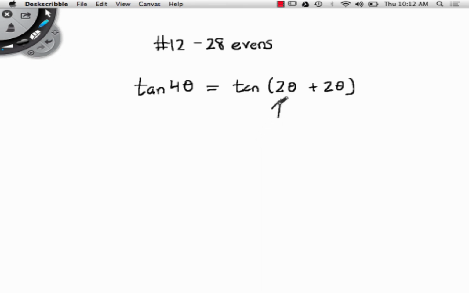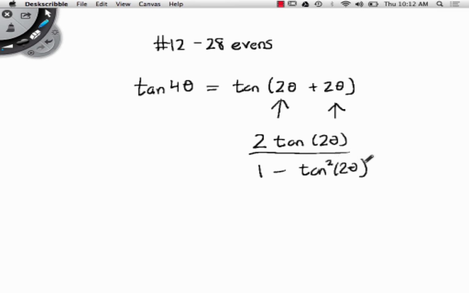So then you use your formula. They're the same, so this becomes 2 times the tangent of 2 theta over 1 minus tangent squared 2 theta. But now you can use your double angle formula again on that. Wait, so it acts more like a u plus u? Yep. This can be broken up into 2 theta plus 2 theta. So that's why it works.